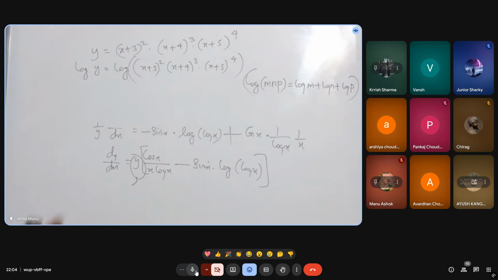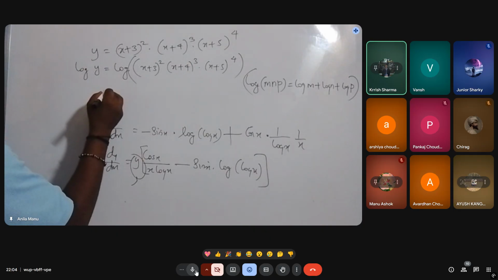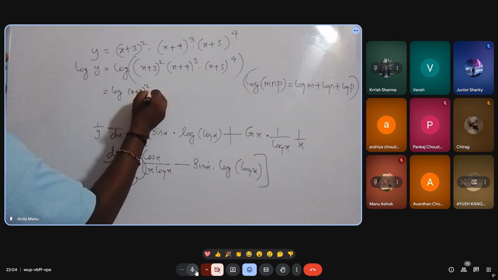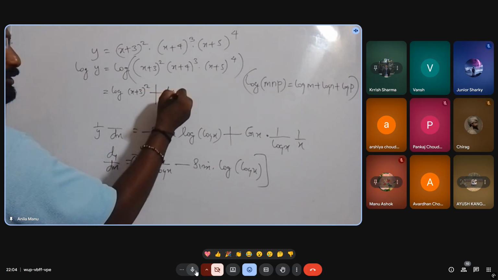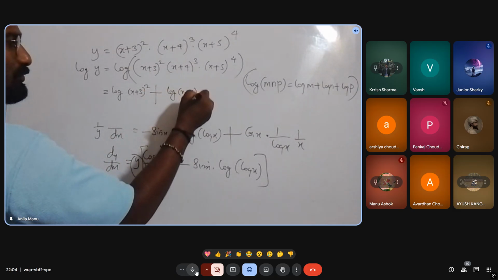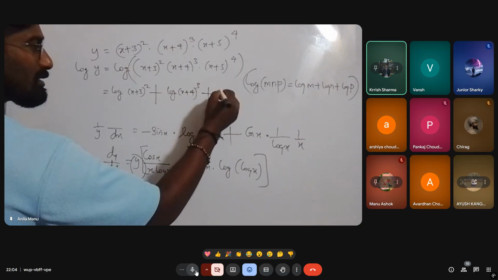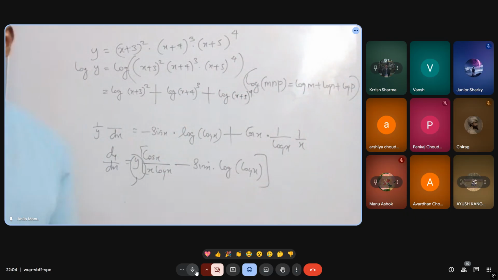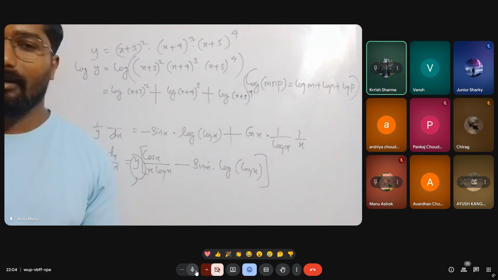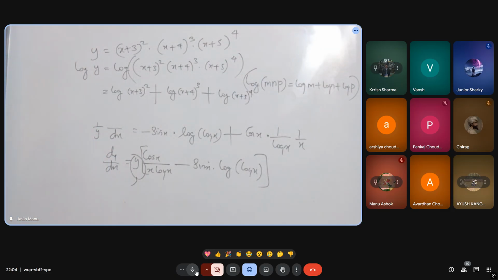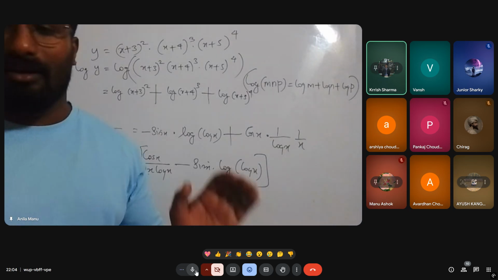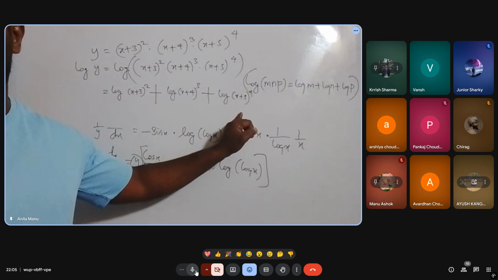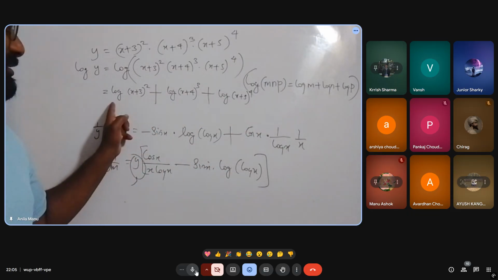Now you use the property. When you use it, we get log of x plus 3 square plus log of x plus 4 cube plus log of x plus 5 raised to 4. Did you get it, all of you? Yes, sir. So again check the separate terms. Which property can you apply here?